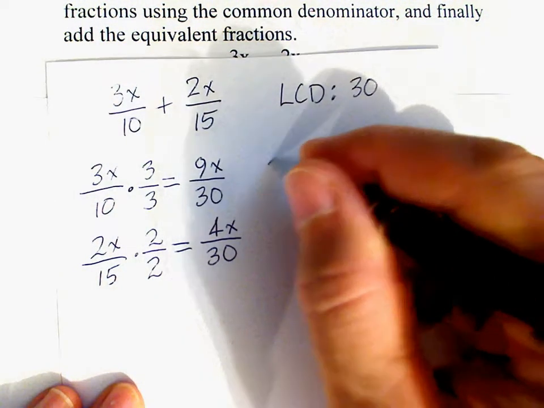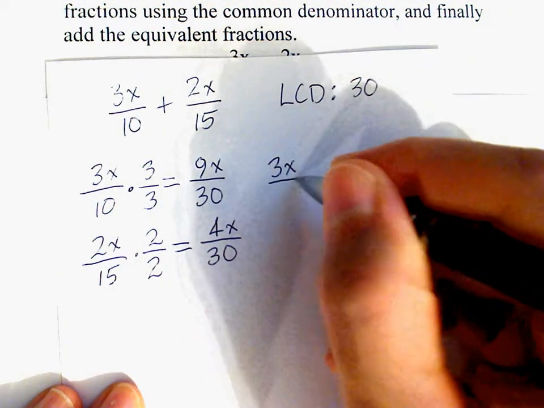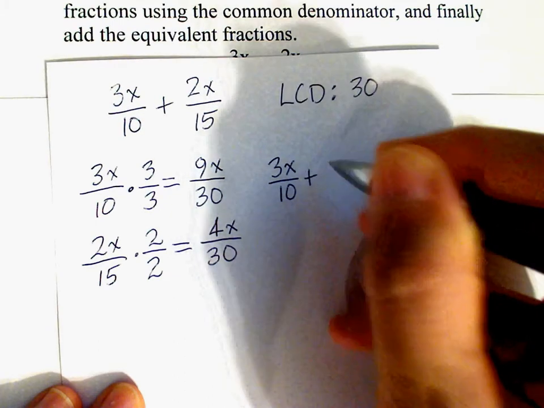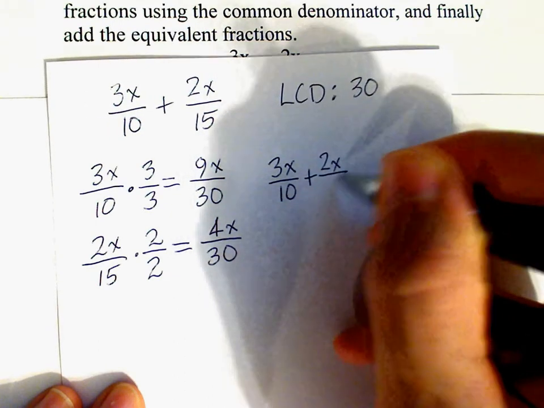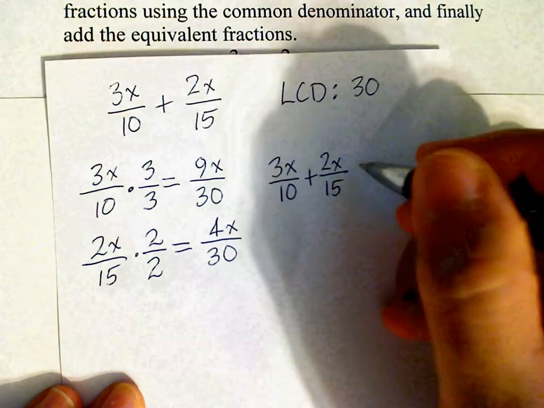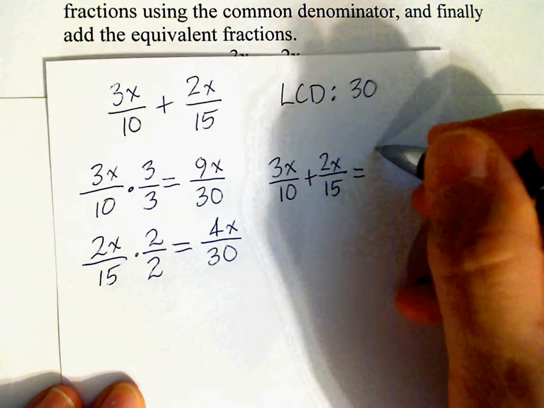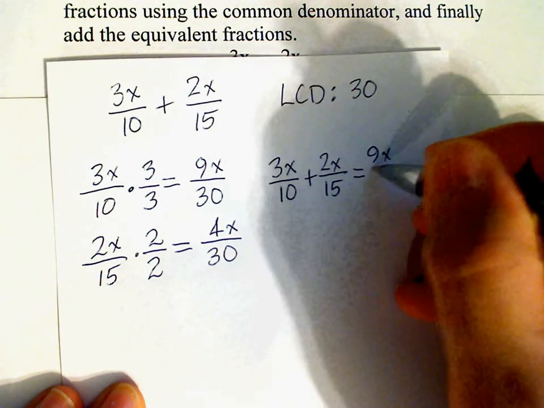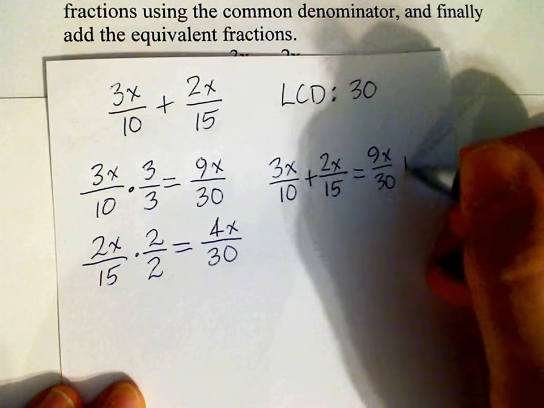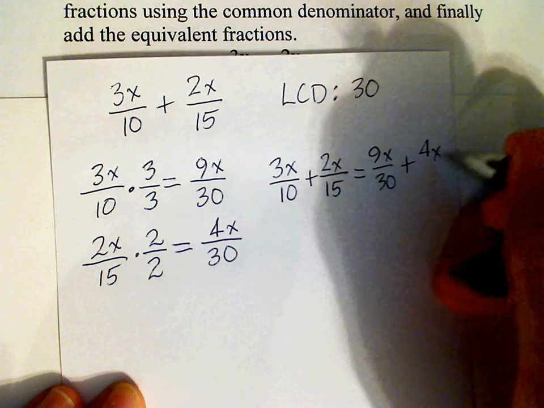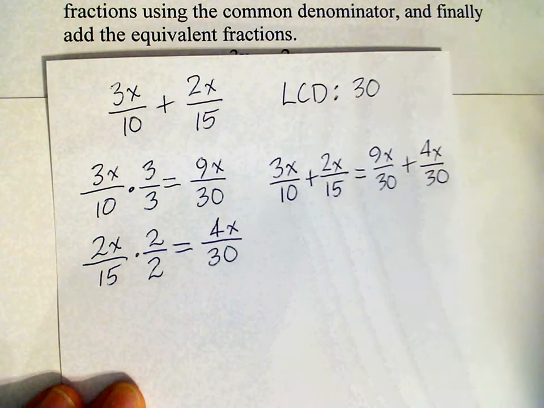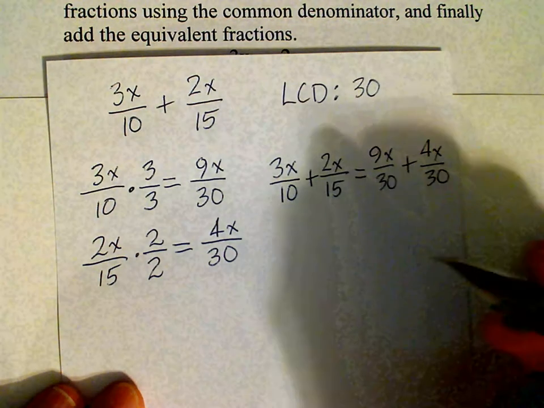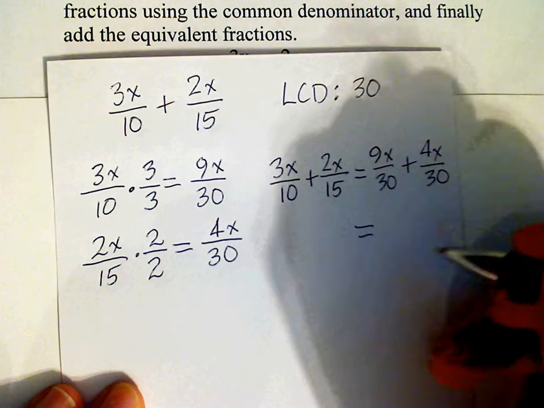So then finally, I can do the addition. 3x over 10 plus 2x over 15 is equivalent to 9x over 30 plus 4x over 30.